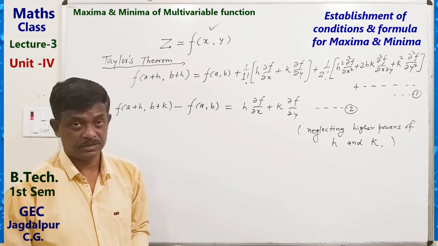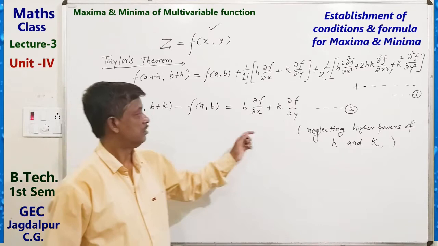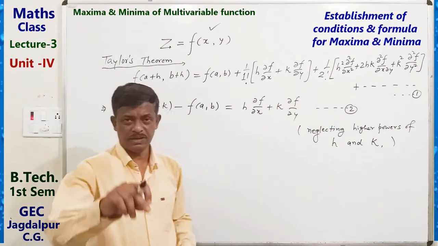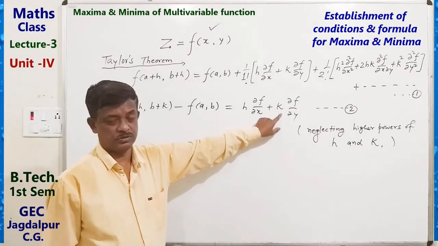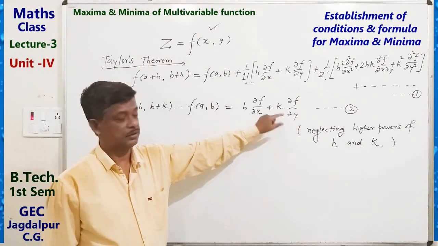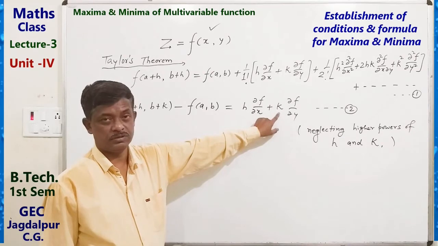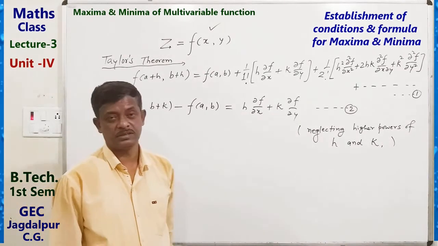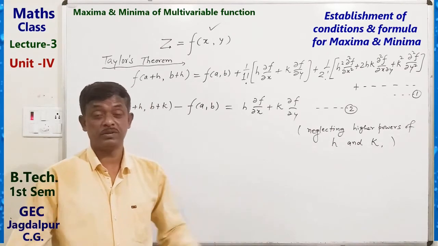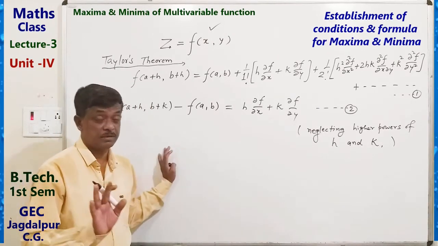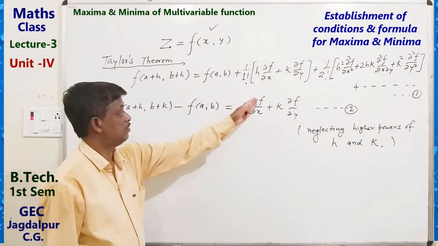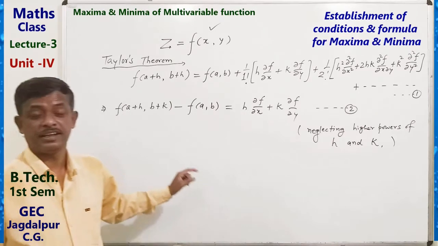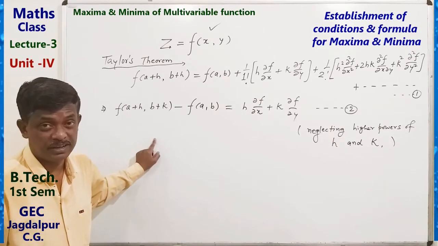That means this should be equals to 0. Similarly, if k equals to 0, then its sign will depend on h. So there will be no maxima, no minima, because sign should be the same. So del f by del x equals to 0.